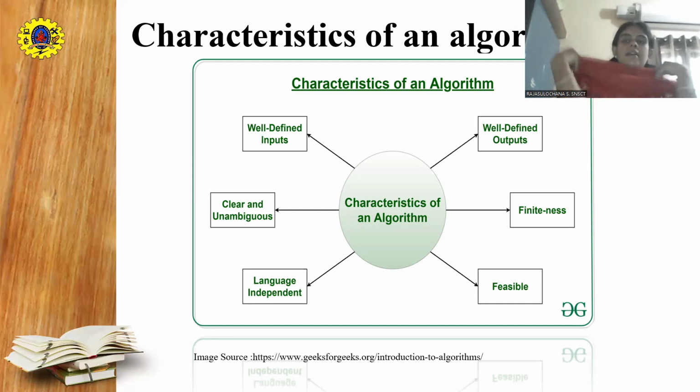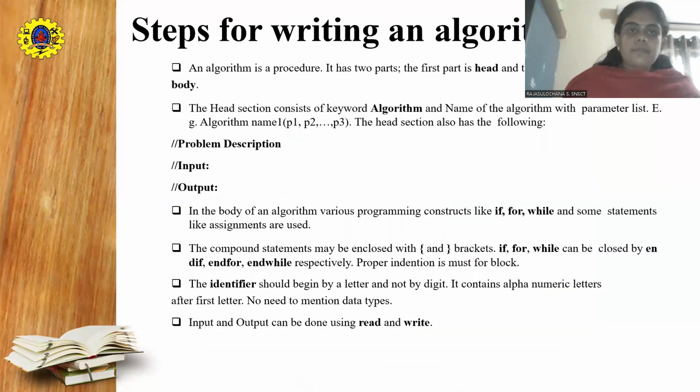In other words, it should not be suitable only to be coded in C, or only in Python. You should be able to code the algorithm in any programming language of your convenience. And the last one is feasible. Feasibility is about efficiency. It should be able to execute in a finite span of time.